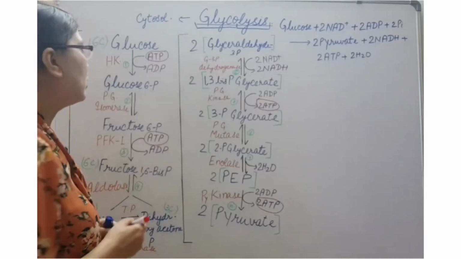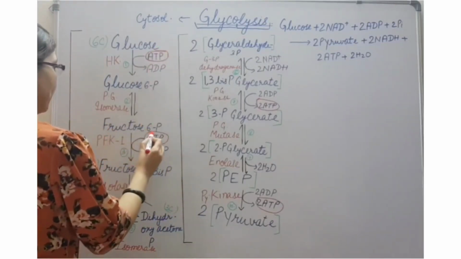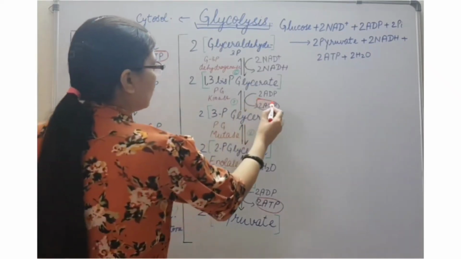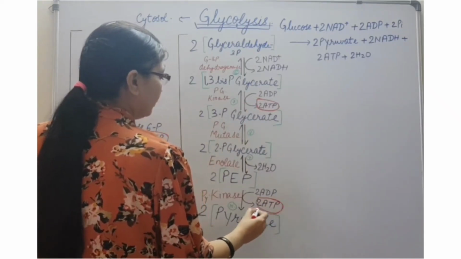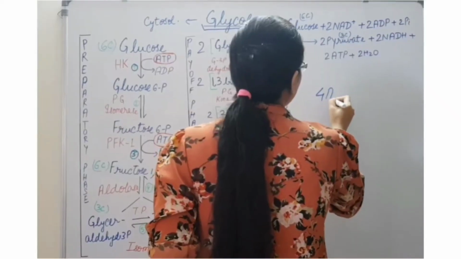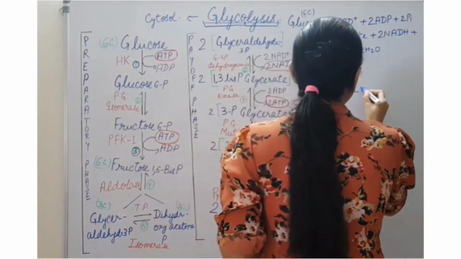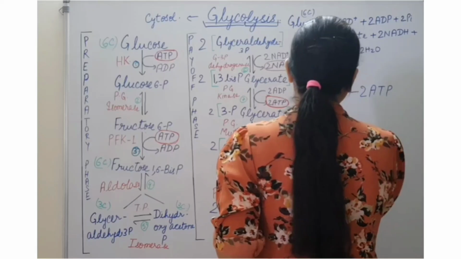So in this glycolysis, ATP is consumed at 2 places and it is gained at 2 places. 4 ATP molecules are produced and 2 ATP molecules are consumed.